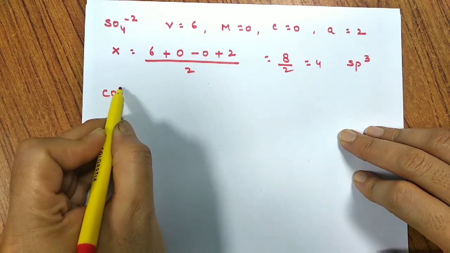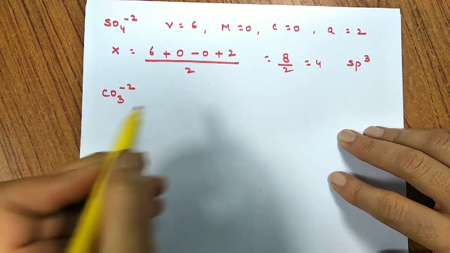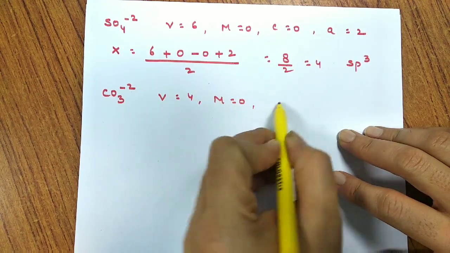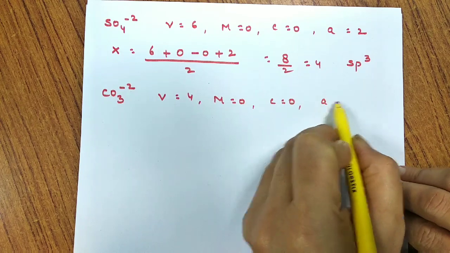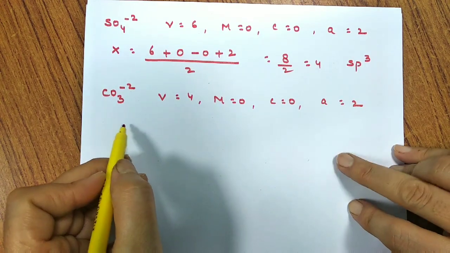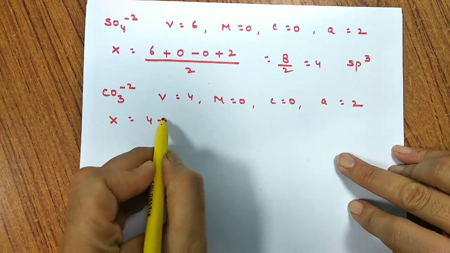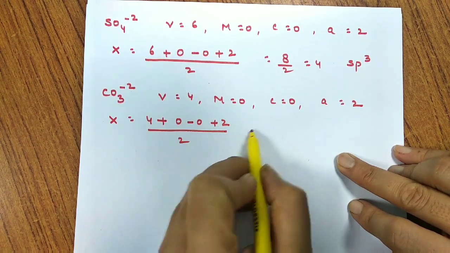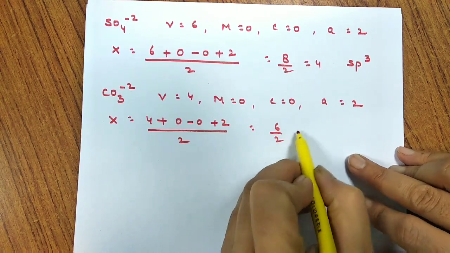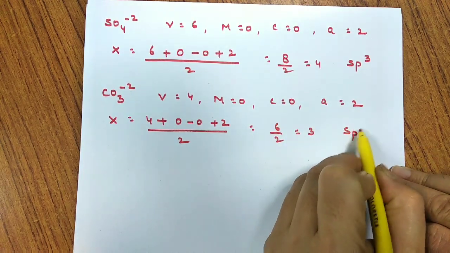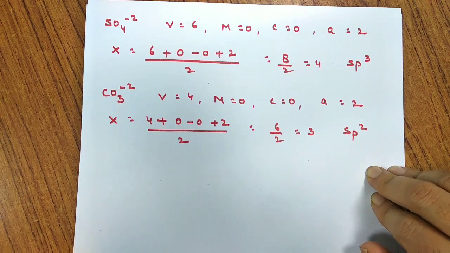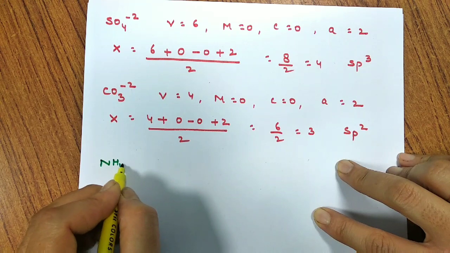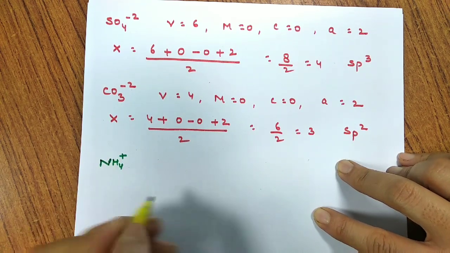Let us take the example of CO3 minus 2. V 4, M 0, C 0, A 2. X is 4 plus 0 minus 0 plus 2, divided by 2. 6/2 is 3, so sp2. Anions are done. Now the cation NH4 plus, a polyatomic cation.